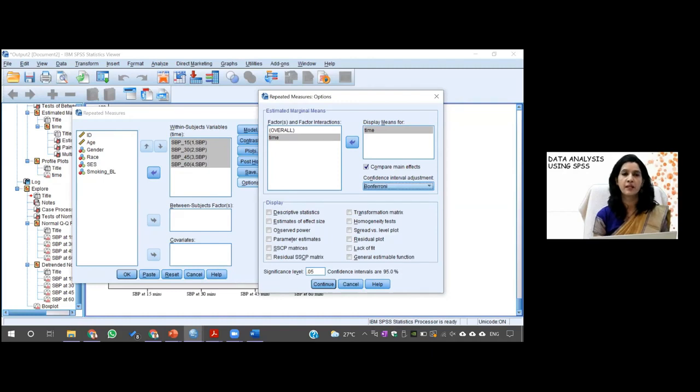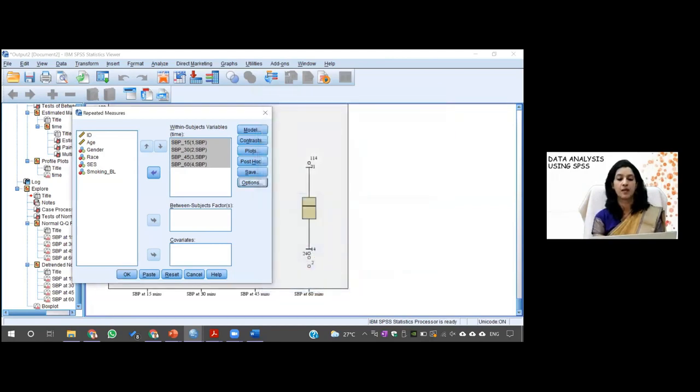Then a lot of other corrections came, and we started using other post hoc analyses. But in this case, across the different time points, we use the Bonferroni correction, and then click descriptive statistics, because I want the descriptive statistics for all my values at different time points.